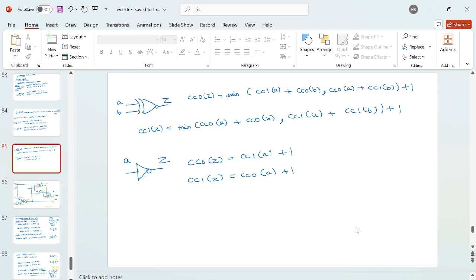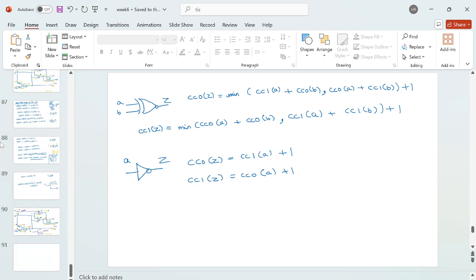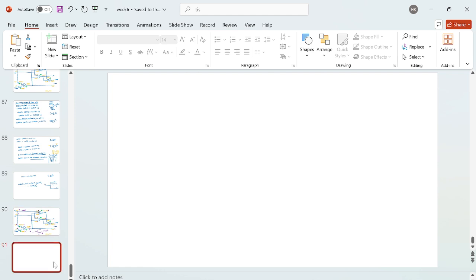The output we want to propagate is either D or D bar. We want to propagate the faulty response, either fault-free 1 and faulty 0, or fault-free 0 and faulty 1.